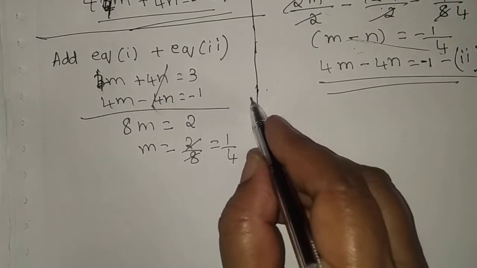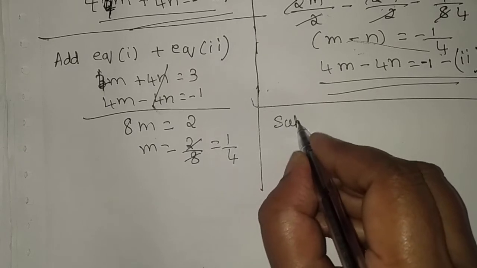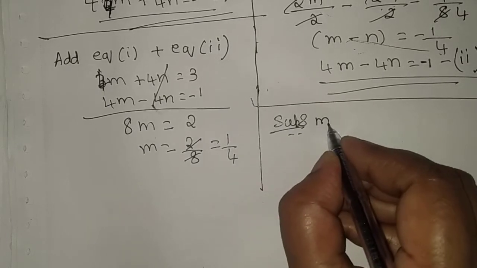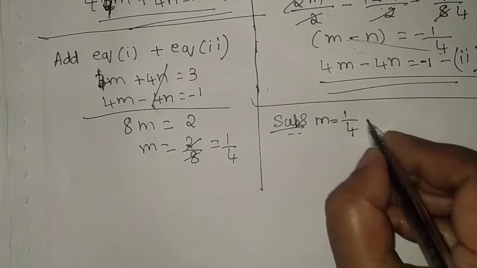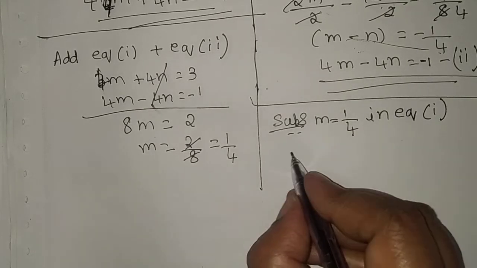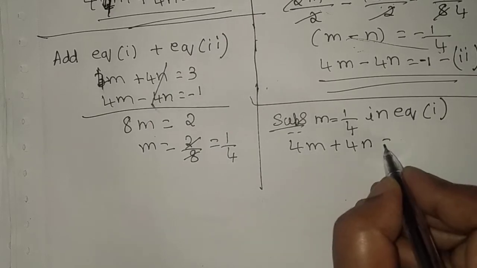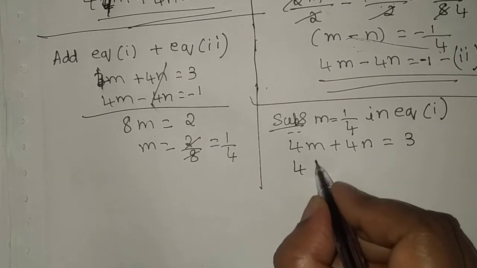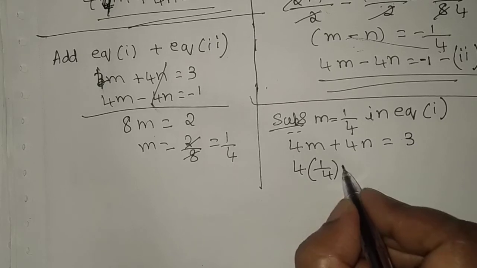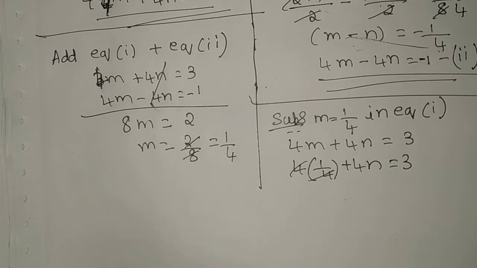Next step what we have to do is substitute m is equal to 1 by 4 in equation 1. See what is equation 1? Equation 1 is 3m plus 4n is equal to 3. Now 4 into 1 by 4 plus 4n, 4 cancels, is equal to 3.